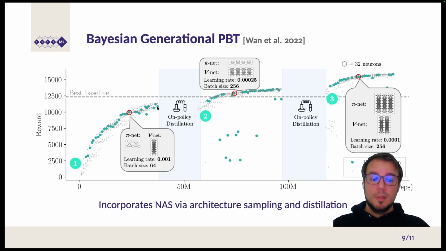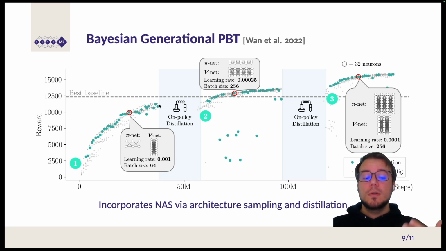So you want to sample a bunch of new architectures randomly, but also guided from Bayesian optimization. And to make sure that you can use the knowledge that you have already in the well-performing networks here that might be very dissimilar to the networks that you want to start in the next generation, you use distillation. So it's sort of a form of imitation learning where you just try to get your new architectures to imitate the already well-performing architectures that you have here.